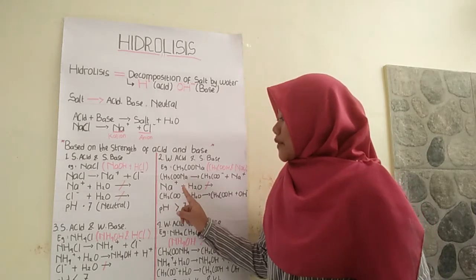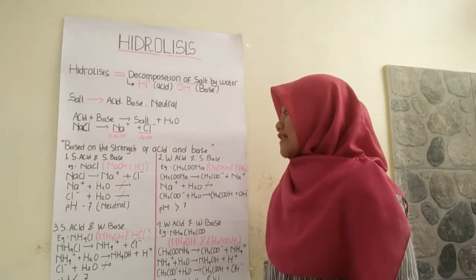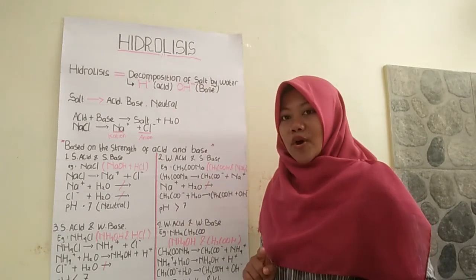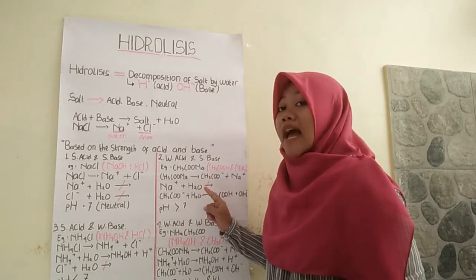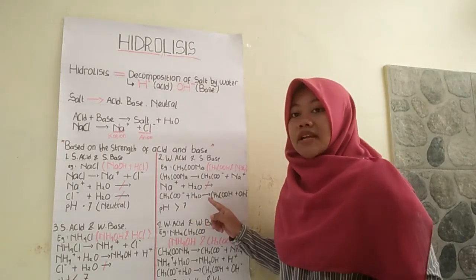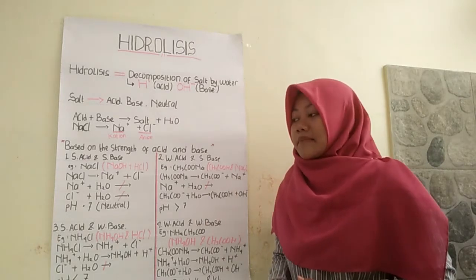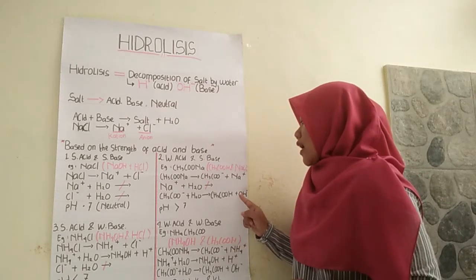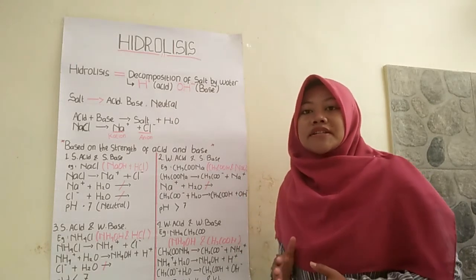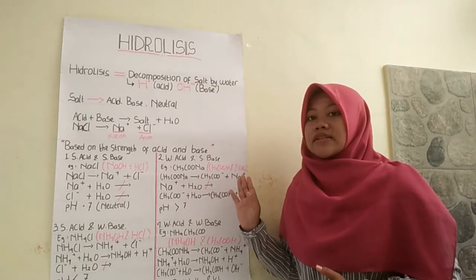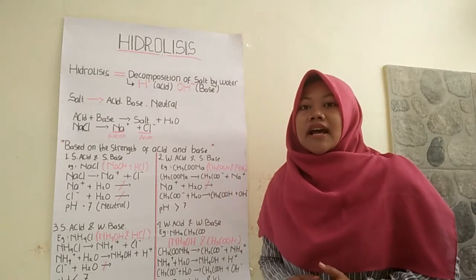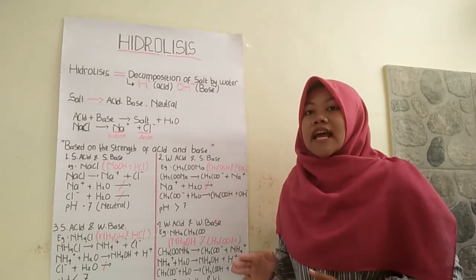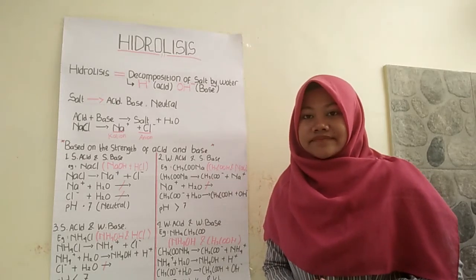Na plus reacts with water is not a reaction, and then CH3COO minus reacts with water to produce acetic acid plus OH minus ion. Because it produces OH minus ion, this solution has pH greater than 7. So the characteristic of this solution is a base salt.